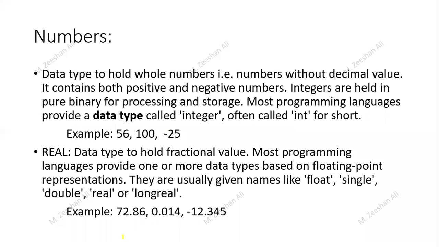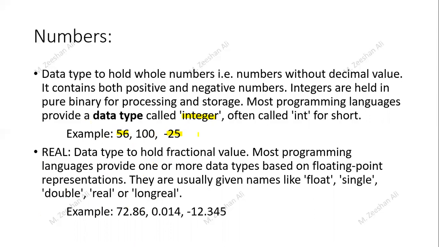Okay, so the very first data type is number. In the number, we have 2 subtypes. One of them is called the integer. Integer is a data type that holds the whole number. Those numbers can be positive or they can be negative. Okay, but yes, if you have given the name integer to that, you are not going to store any fractional value into it.